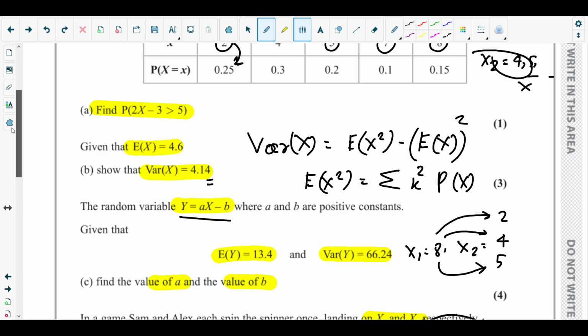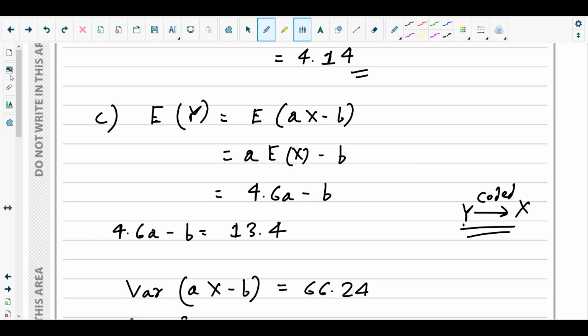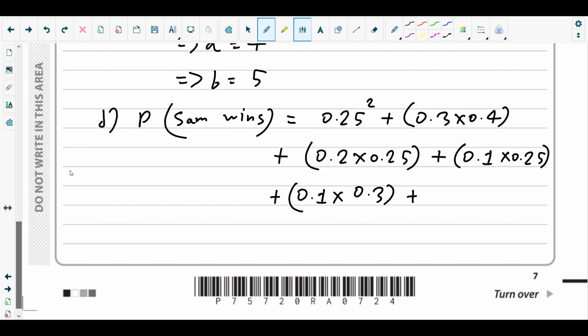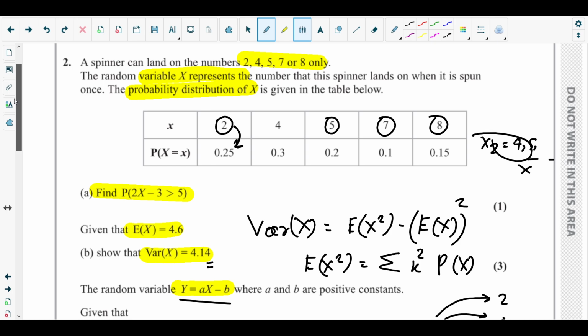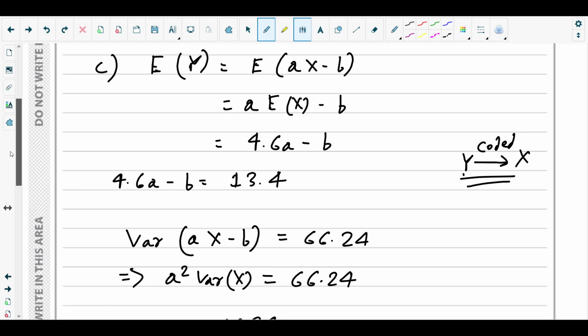So 8 is 0.15, and 0.15 times 0.25 plus 0.3 plus 0.2. We took 0.15 common.